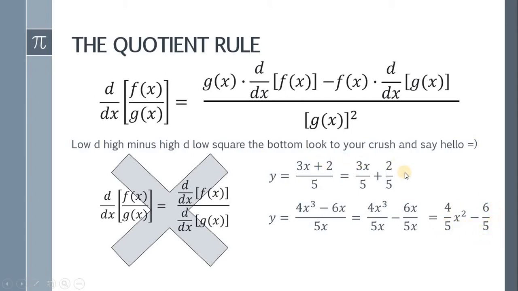And in this format, napakadali na natin kunin yung derivative niya. So again, we can separate derivative by addition or subtraction. So ito, gagamitan natin ng power rule and yung derivative ng constant is always 0. Now again, tandaan na kapag monomial yung nasa denominator, pwedeng hindi tayo gumamit ng quotient rule.